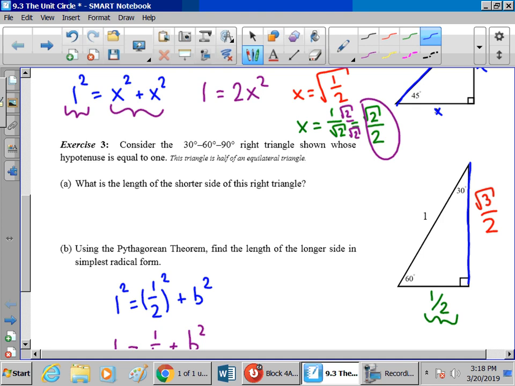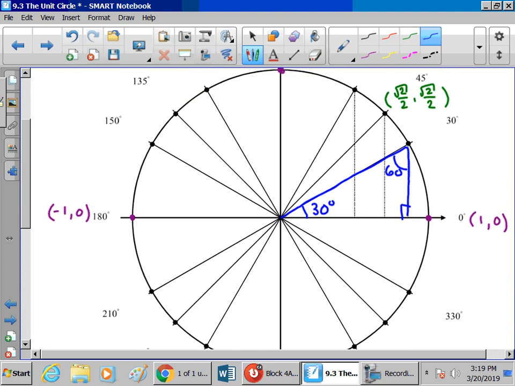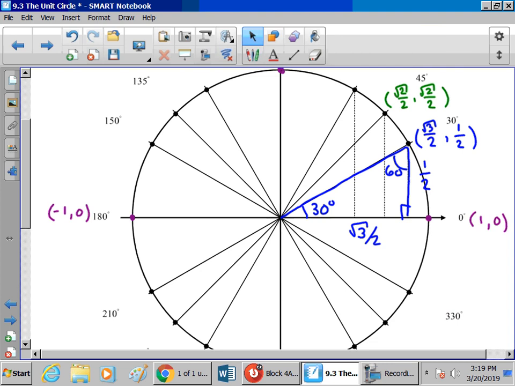The shorter side is 1/2, and the longer leg is rad 3 over 2. So if you go back to our x, y, we end up with rad 3 over 2, 1 over 2. And again, I'm going to erase this triangle, so make sure you understand where it all comes from.